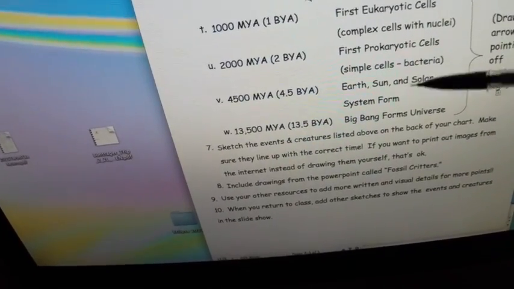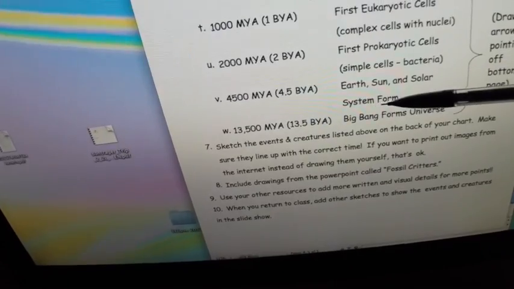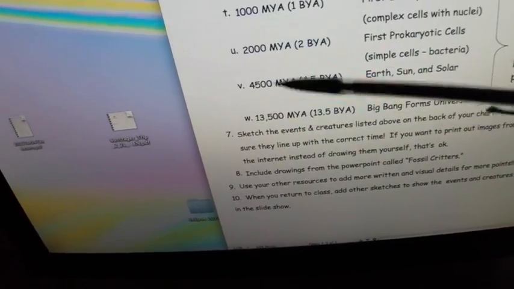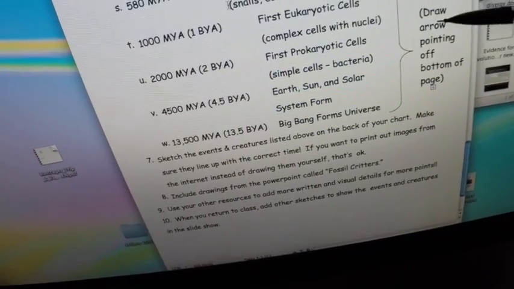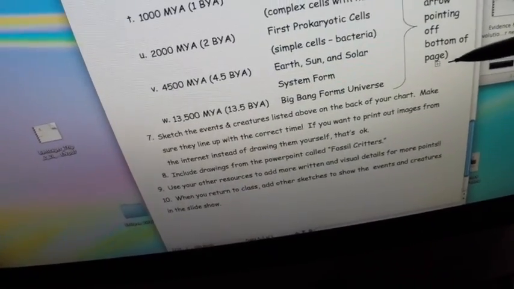So for these three important, actually four important events, you can just draw arrows pointing off the bottom of the page. That's why we kept all this extra room beyond 650, after the Cambrian period.